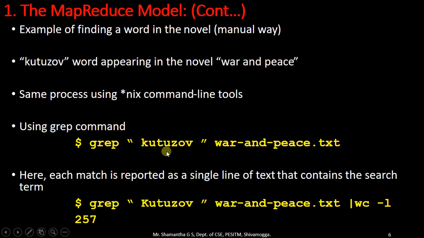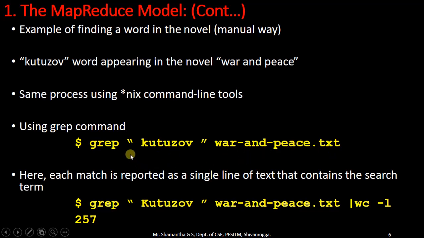So this command is going to find how many times the word Kutuzov, with leading and trailing space, appears in the novel War and Peace, and print it as the output. After executing this line, we are going to have a series of lines where the word Kutuzov is found in the novel.